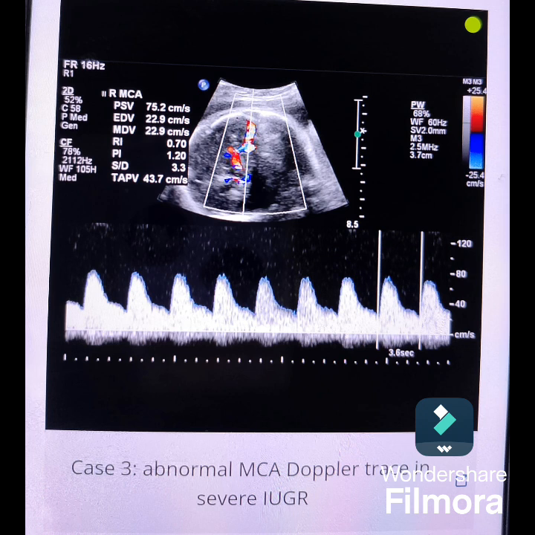Suppose even at 23 weeks the early diastolic notch is there and diastolic flow is less, that is the indication for starting aspirin. 75 mg of aspirin has to be started, and the patient is followed to know whether she is developing PIH, IUGR, or abruption.